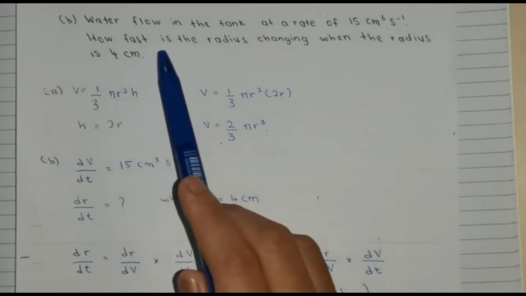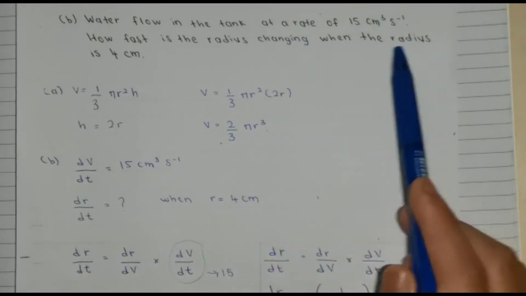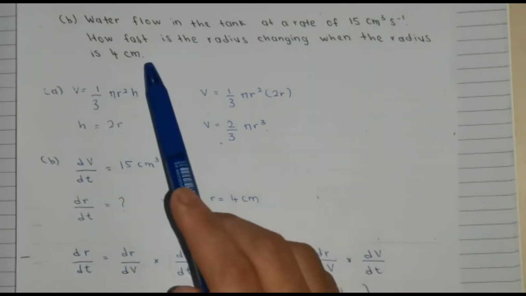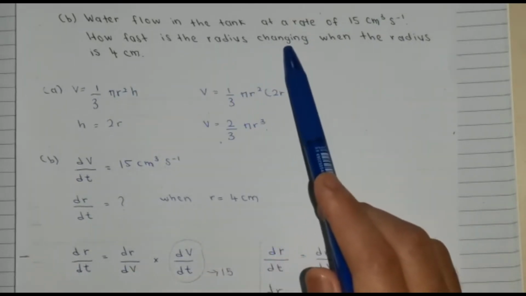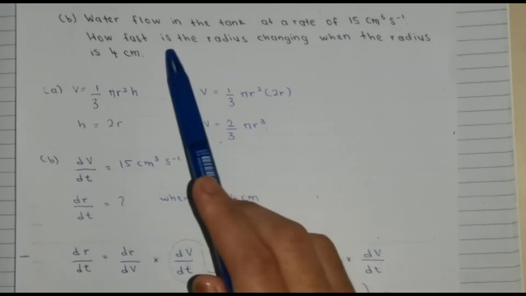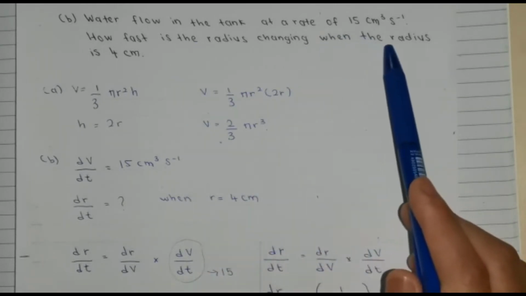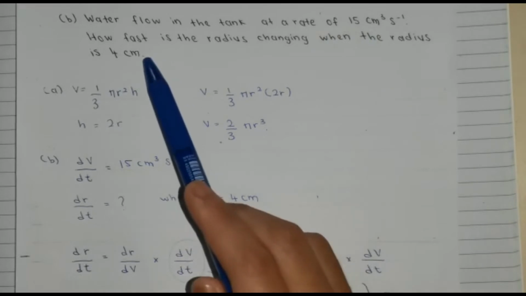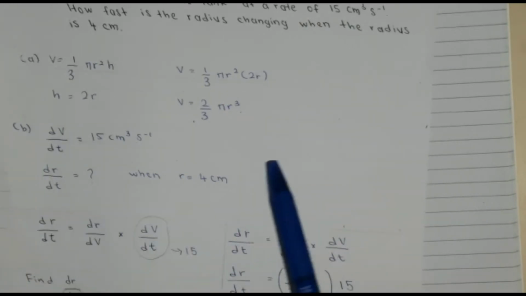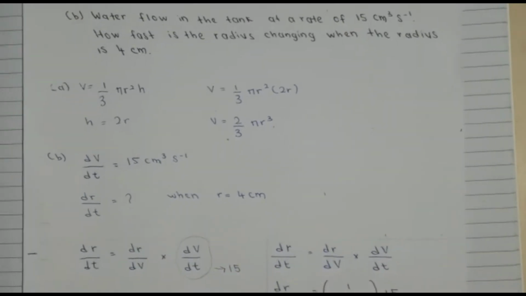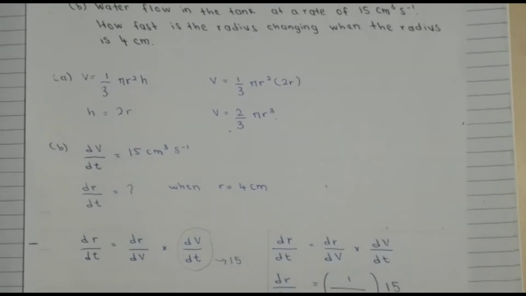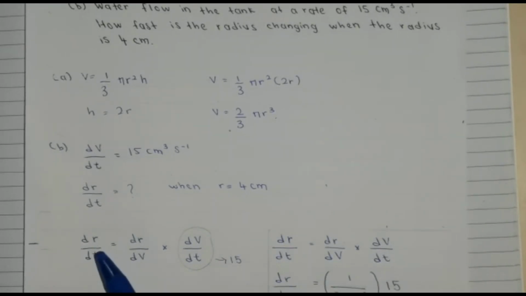How fast is the radius changing when the radius is 4 cm? So this question wants us to find a value for dr over dt when the radius is equal to 4 cm. So we write here. To find dr over dt, we must build an equation.